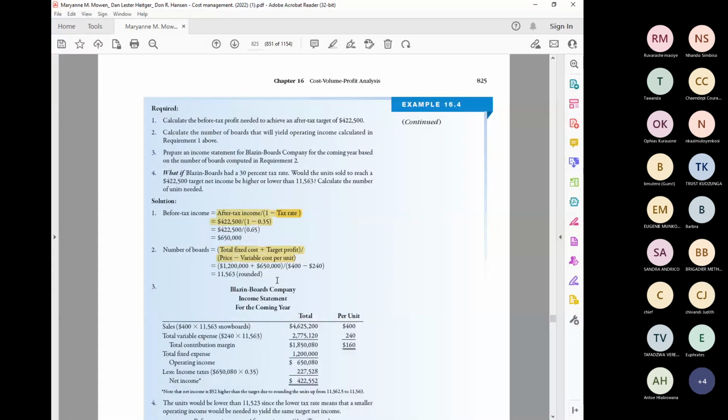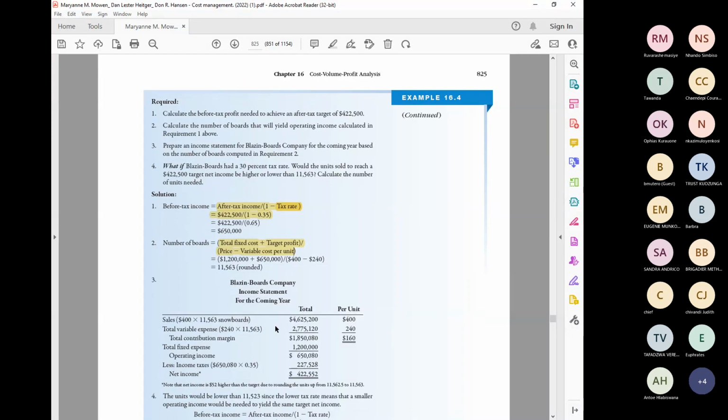So the number of boards is total fixed cost plus target profit divided by price minus variable cost per unit. That is 1,200,000 plus 650,000 divided by 400 minus 240, and then we get 11,563.